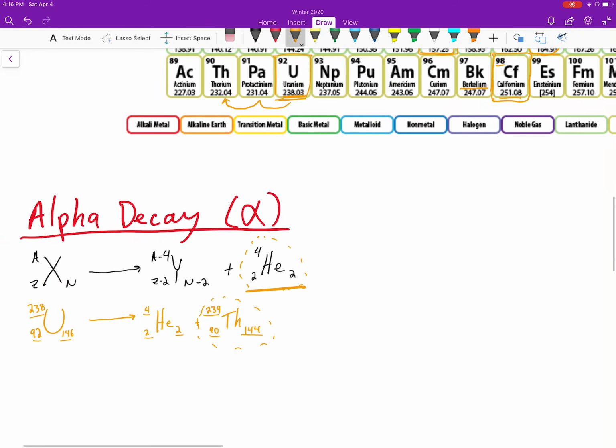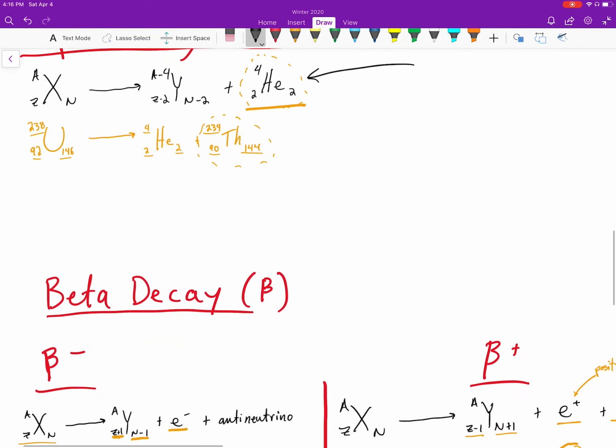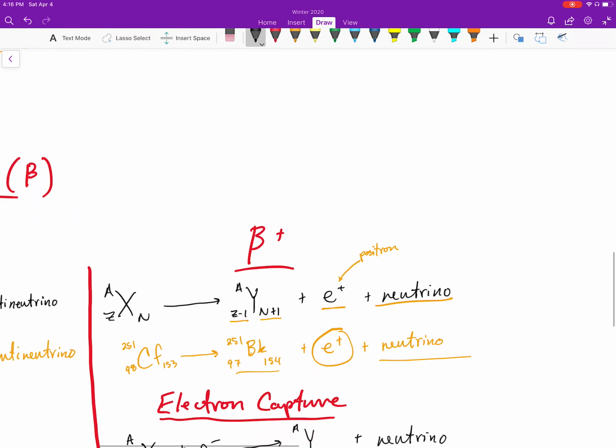Alpha decay, you release a helium particle or a helium atom. Beta minus, you release an electron from the nucleus. So a neutron becomes a proton and releases an electron and an antineutrino. Beta positive, you have a proton that becomes a neutron and releases a positron.